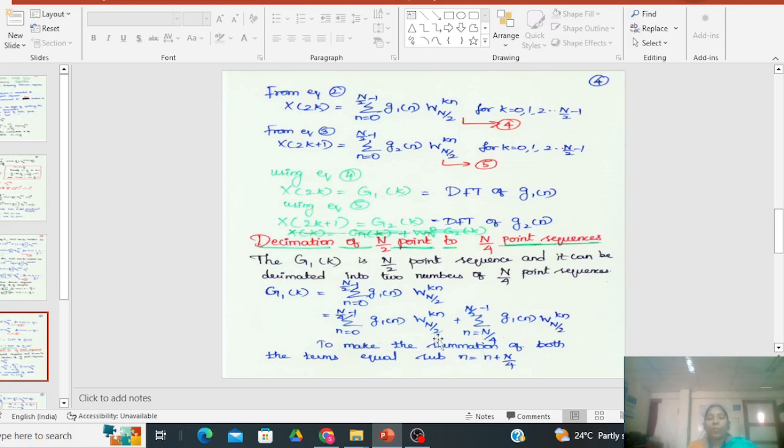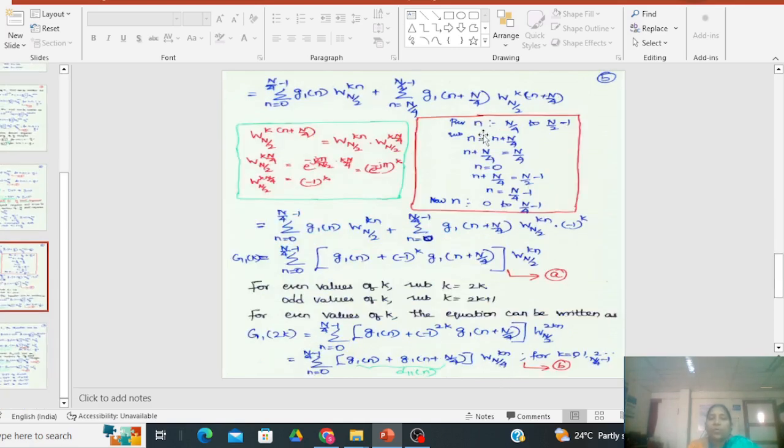So now we have to make both the summations equal. The first summation is 0 to N by 4 minus 1. The second summation is n equal to N by 4 to N by 2 minus 1. So we have to make both the summations equal. For that we make an assumption that n equal to n plus N by 4. This is an assumption we are going to make here.